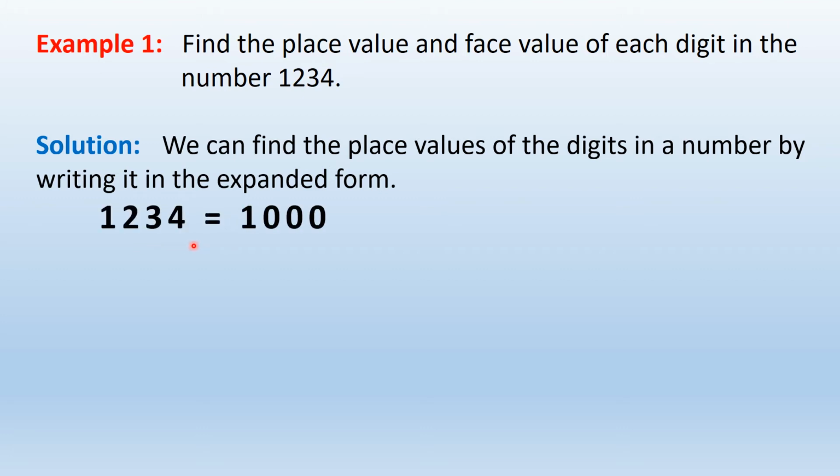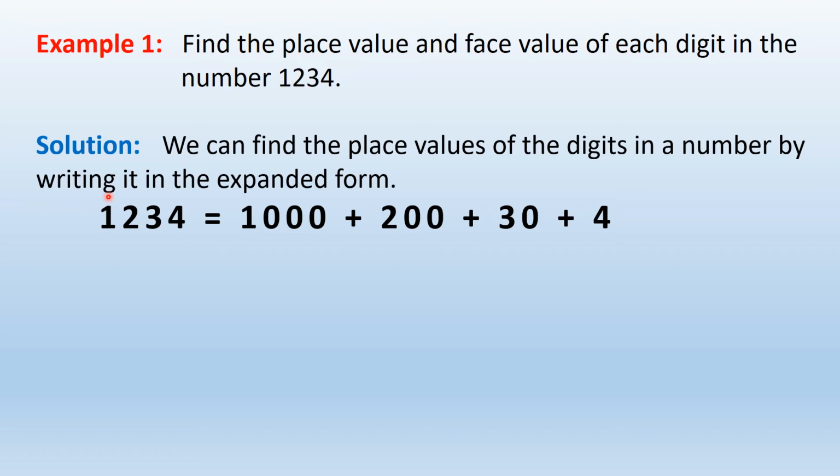The given number is equal to 1000 plus 200 plus 30 plus 4. Here in the given number, 4 is in ones place, 3 is in tens place, 2 is in hundreds place, and 1 is in thousands place.